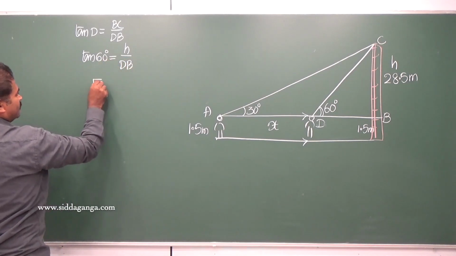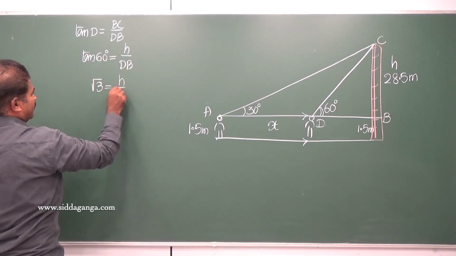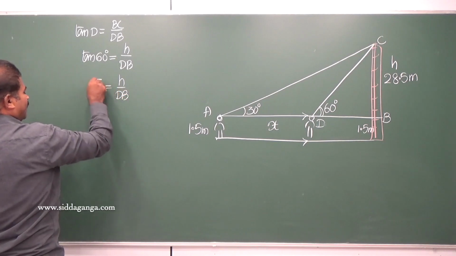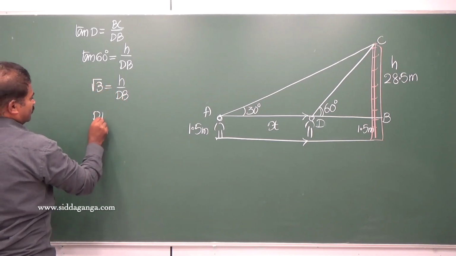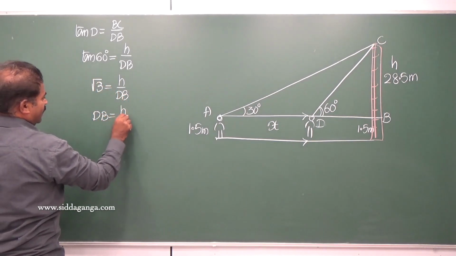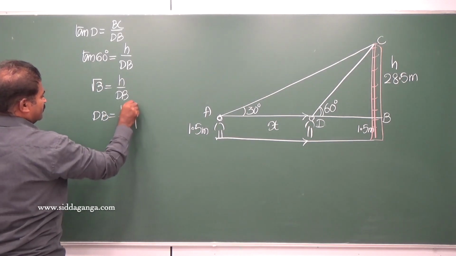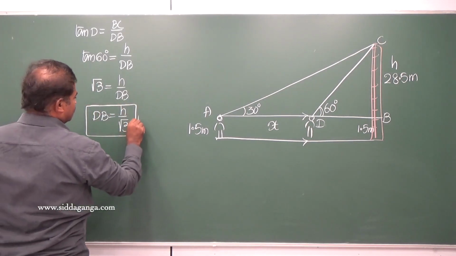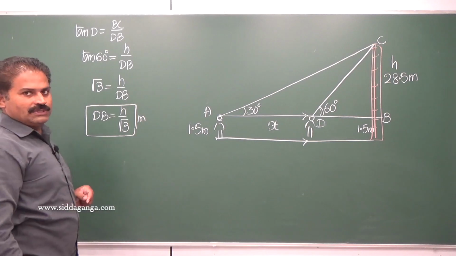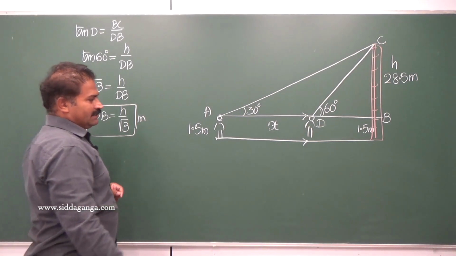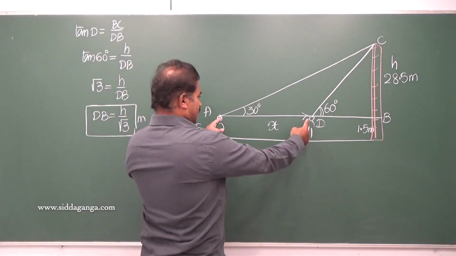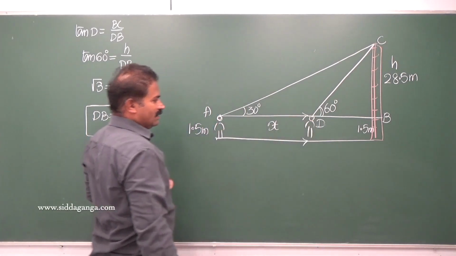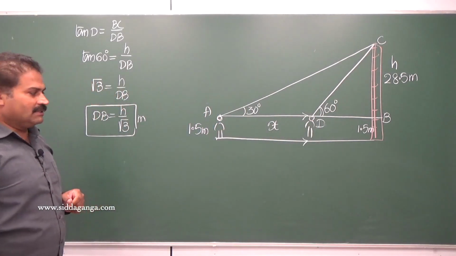Tan 60 is root 3. Root 3 is equal to H divided by DB, and you will get the value of DB by shifting here. So DB is equal to H by root 3 meters. So we'll keep this as H by root 3 meters. So we are not interested in this. We need to calculate what is the distance he moved towards the building. So you need to calculate X.